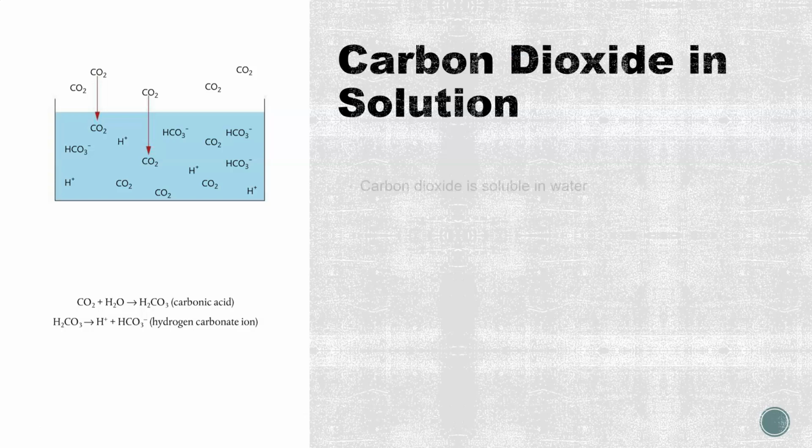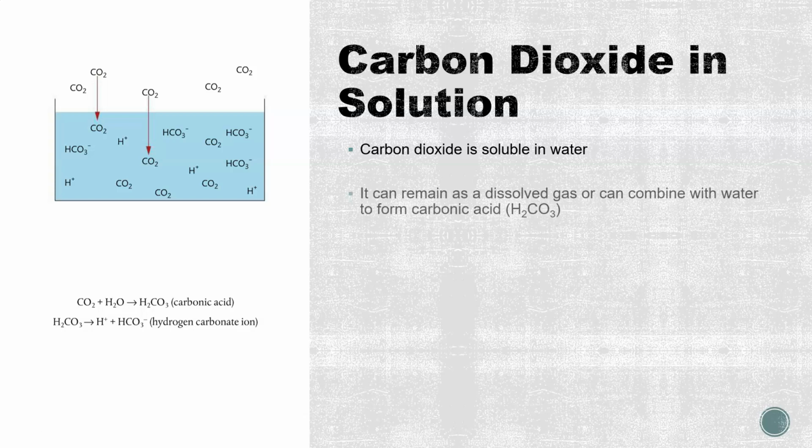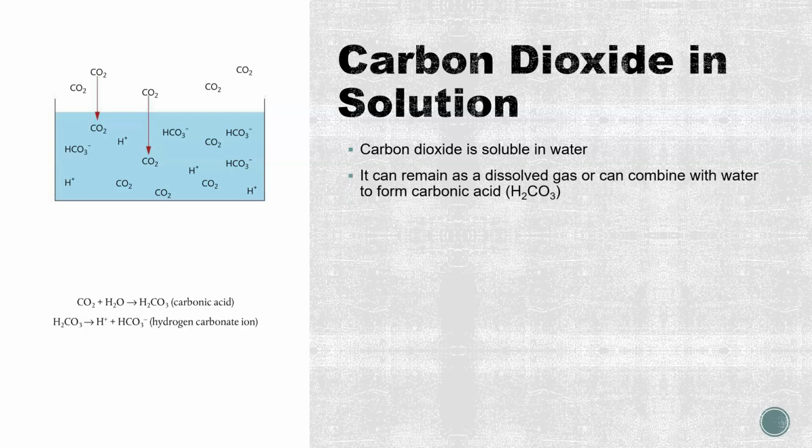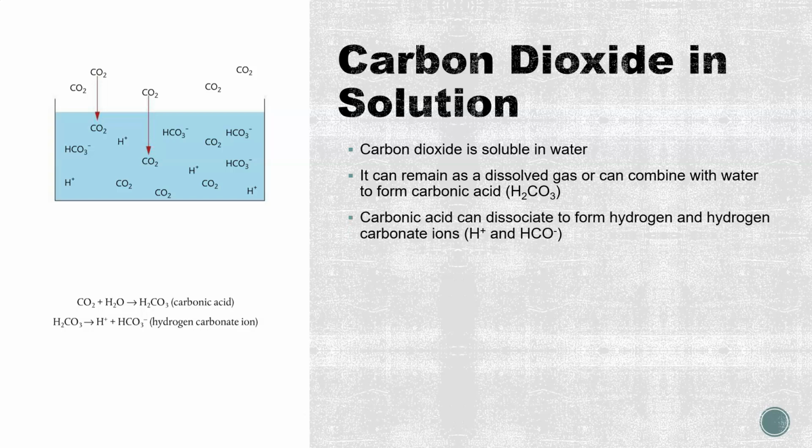Now just thinking about this whole idea of carbon dioxide in water, so carbon dioxide in solution. Carbon dioxide is soluble in water. It can remain as a dissolved gas or can combine with the water to form carbonic acid. Carbonic acid can dissociate to form hydrogen and hydrogen carbonate ions.